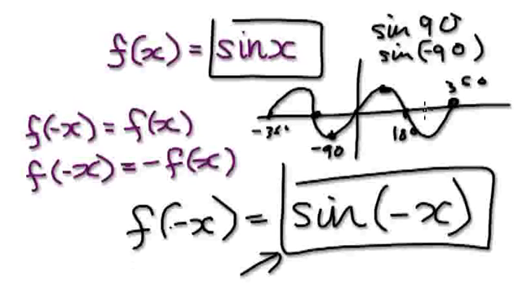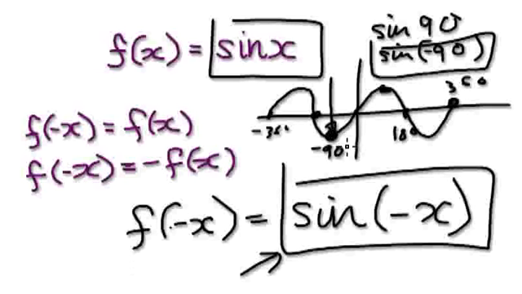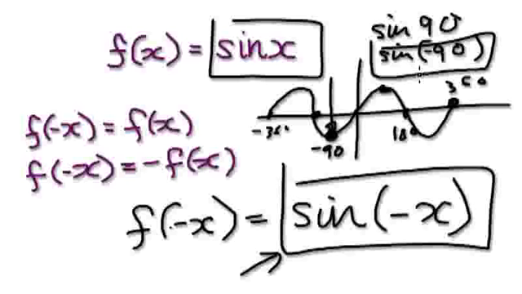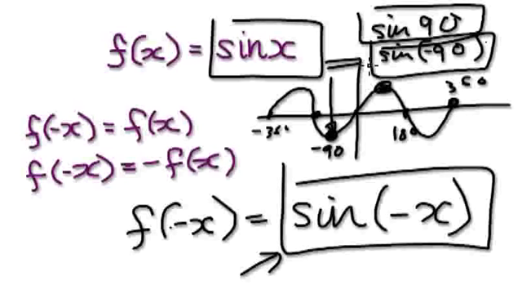So you are getting the value of sine of -90. That's negative. Well, my point is that at the moment sine of 90 equals 1, and sine of -90 equals -1.